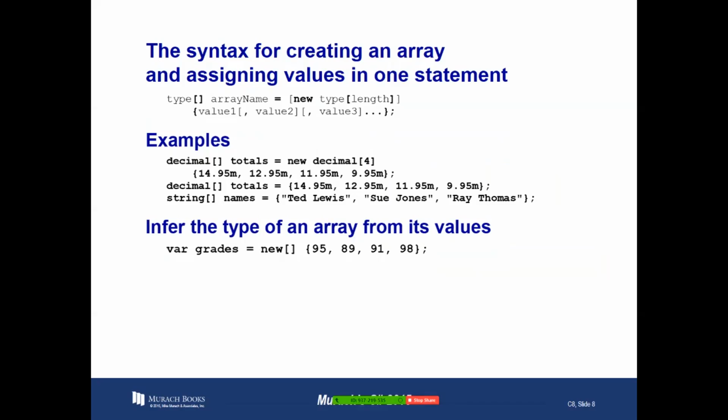We can declare an array and assign values to it in one statement. So we say the type of the array, int, and the array name equals, and this is optional, but we can just declare the array here, or we can just put the values in curly braces.